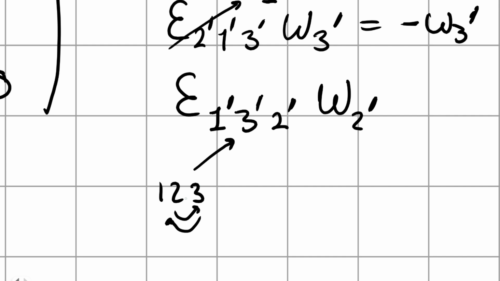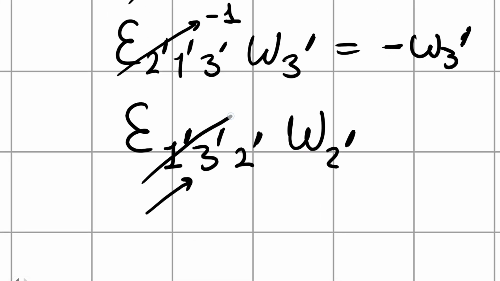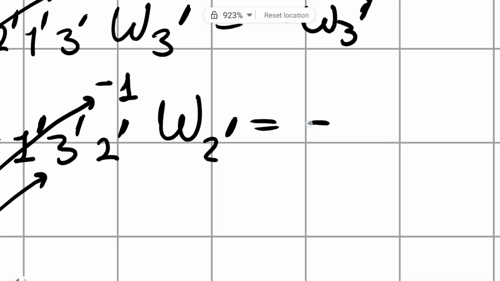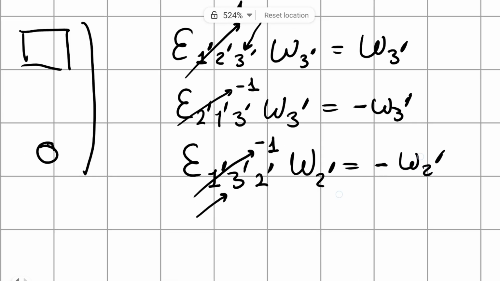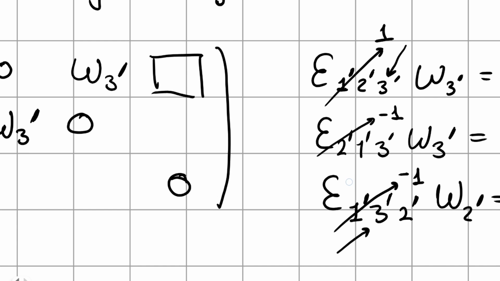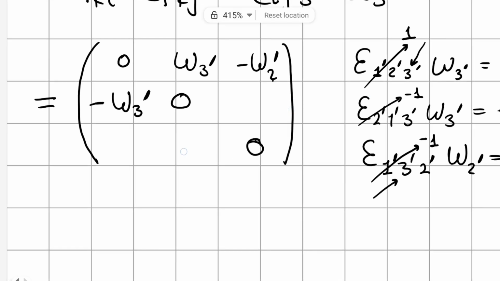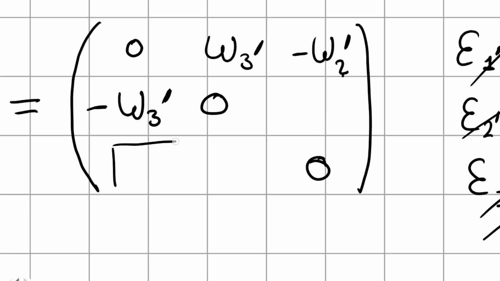So that means that we need to make an odd permutation, because that is only one change. So looking that we are making an odd permutation, this Levi-Civita symbol is going to be equal to negative 1, and this is going to be minus omega 2 prime. So here we are going to get minus omega 2 prime.